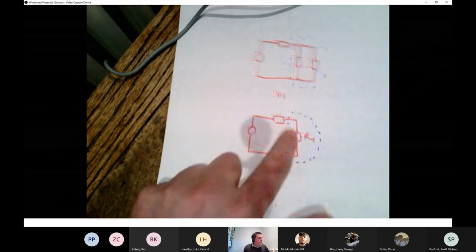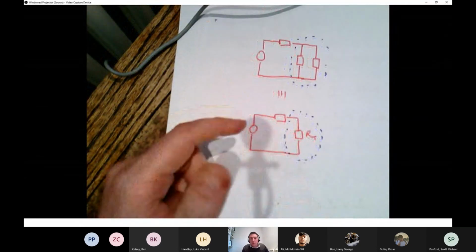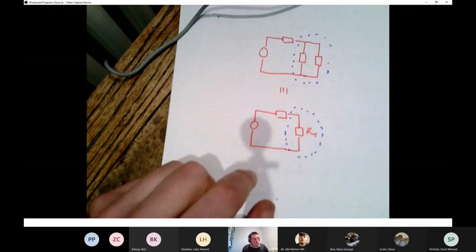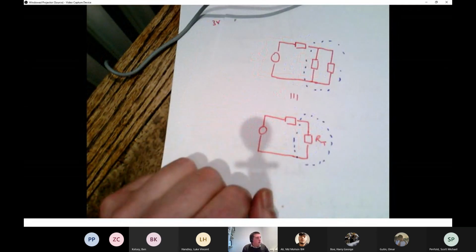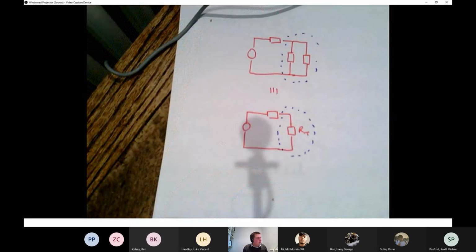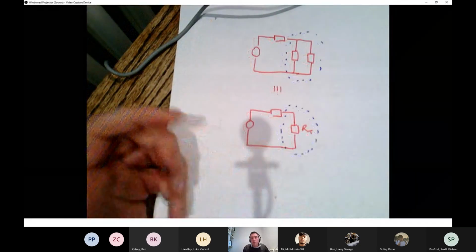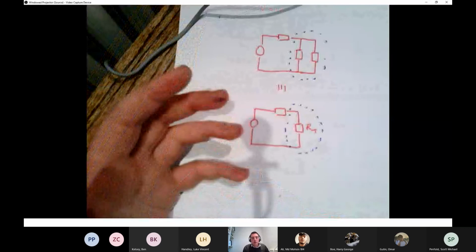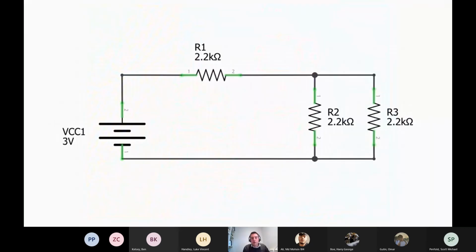And now we've got a circuit which is a series circuit and is relatively straightforward to manage and work with. So that's the kind of process that we would go through with these more complicated circuits, trying to reduce them to being a purely series or purely parallel circuit where they're easier to work with.